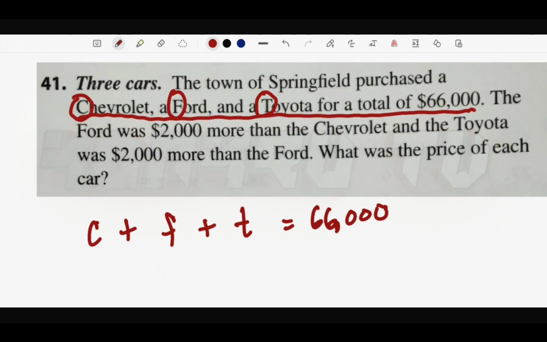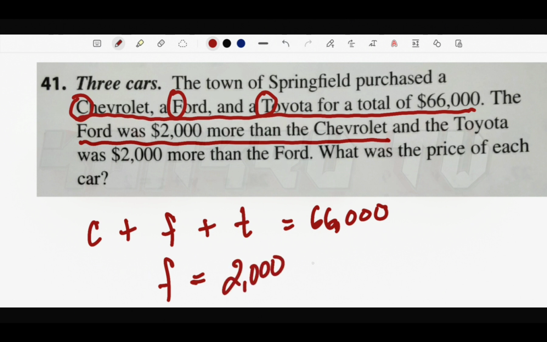Now, the Ford was $2,000 more than Chevrolet. So yung Ford daw ay $2,000 more than Chevrolet, or pwede nating gawing C plus 2,000.